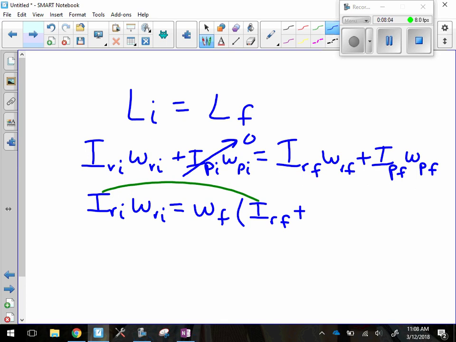But if my putty is pretty small and pretty compact, how do I write its rotational inertia? m r squared. So it's going to be the mass of the putty times its distance from the rotational axis squared. I didn't say it had negligible mass.